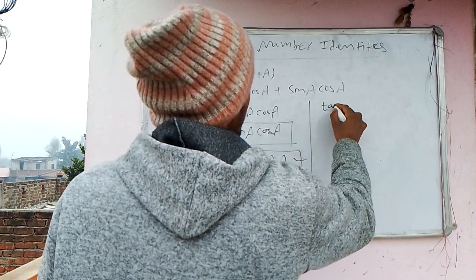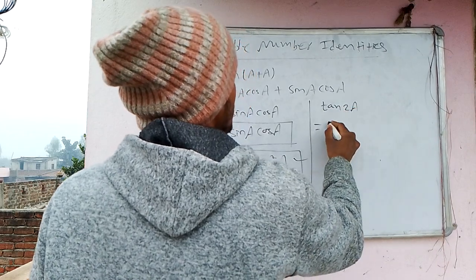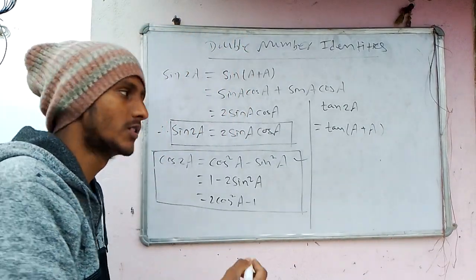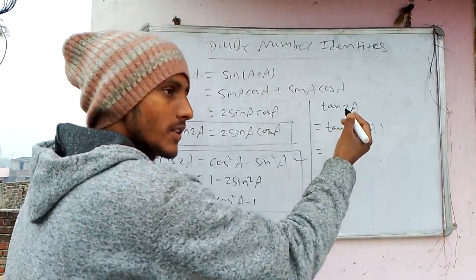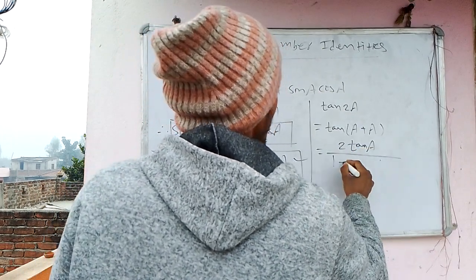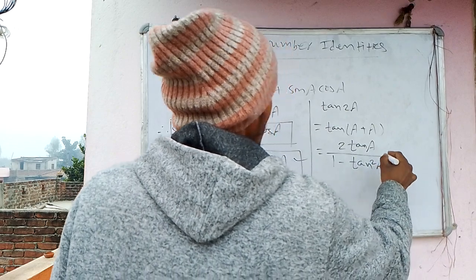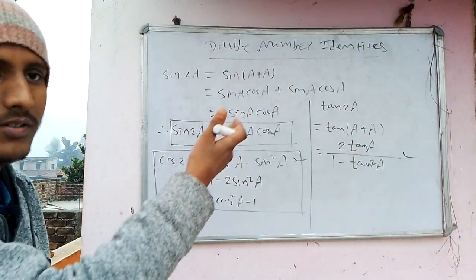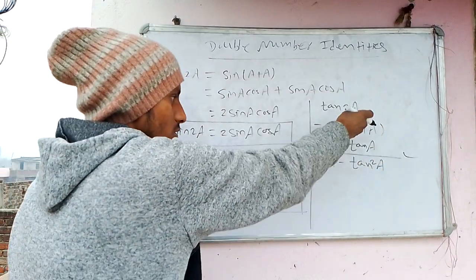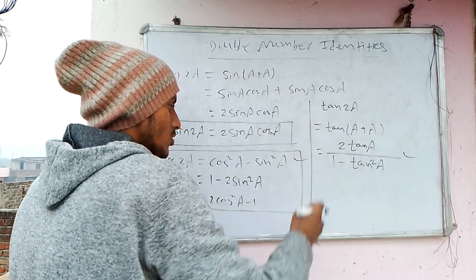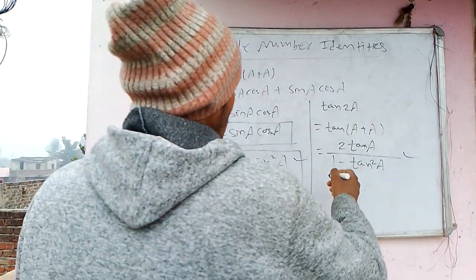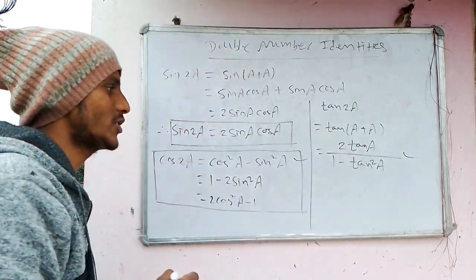We can use the same logic: tangent 2A is tan A plus A, and the result that you get is 2 tangent A divided by 1 minus tan squared A. Where does this come from? You can derive it by using the formula for tan A plus B, and you will get 2 tangent A divided by 1 minus tan squared A. So this is your tangent 2A.